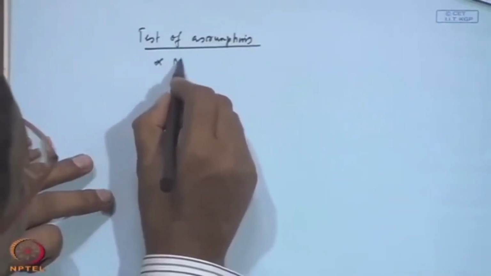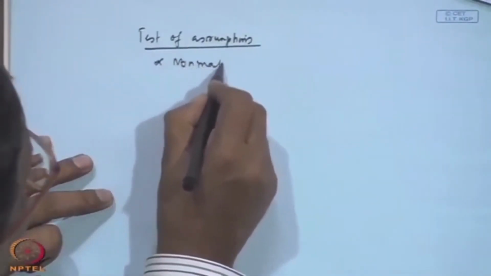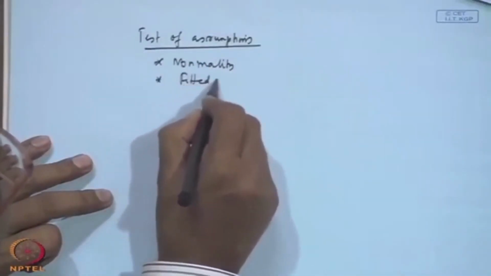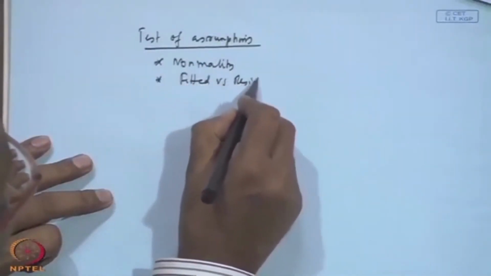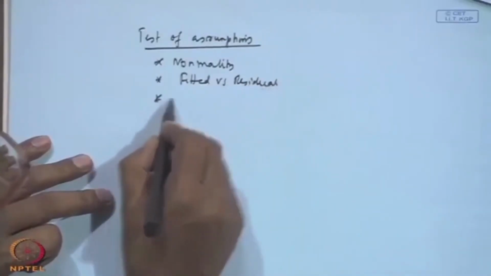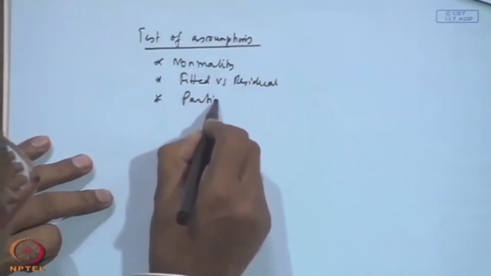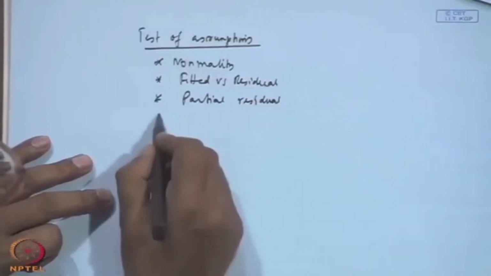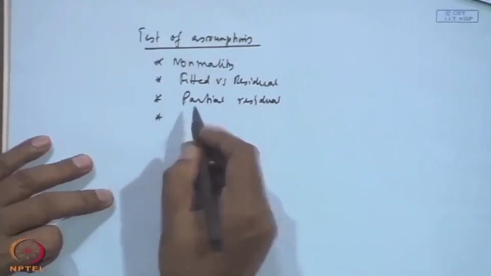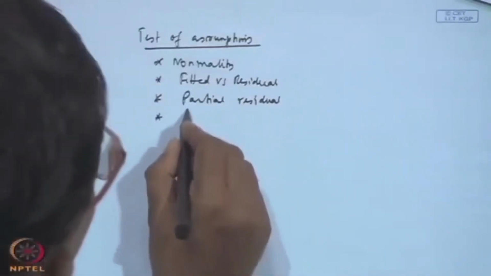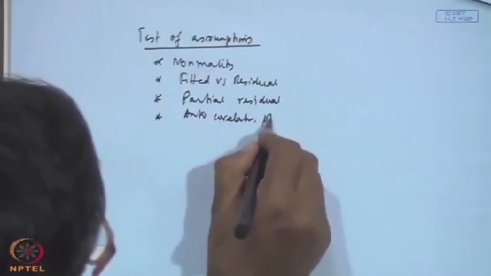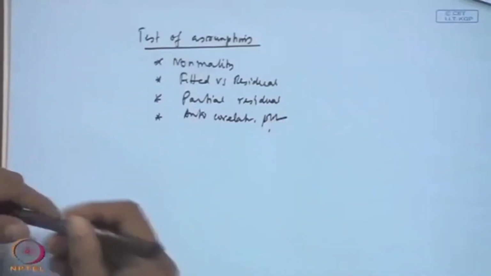We said the normality plot, normality of error terms, then the fitted versus residual, then the partial residual plot, then we also said the autocorrelation plot, okay. Similarly, many plots we have seen.